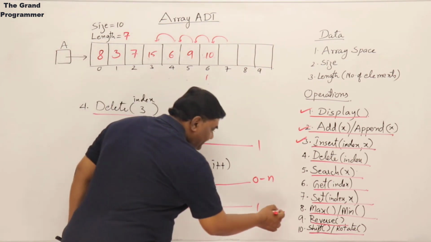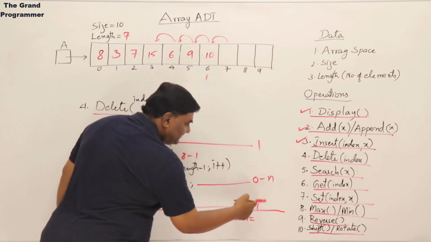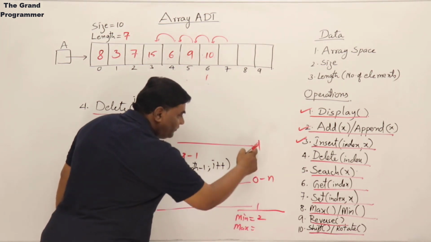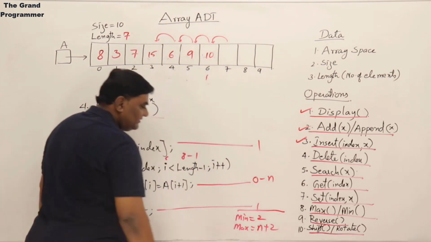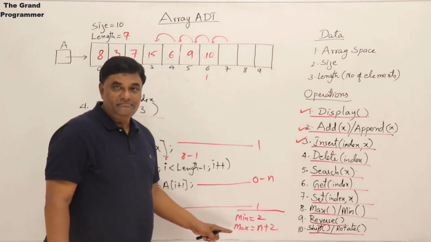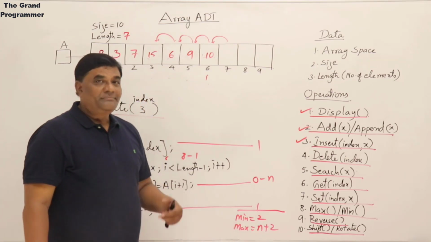So if I write, minimum time is 1 plus 1, that is 2, and the maximum time is 1 plus 1, 2, as well as n. So n plus 2. So the best time is 2, that is constant. Worst time is n, that is maximum. So best case is what?